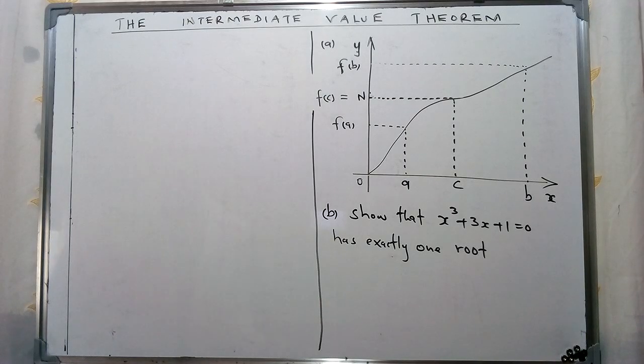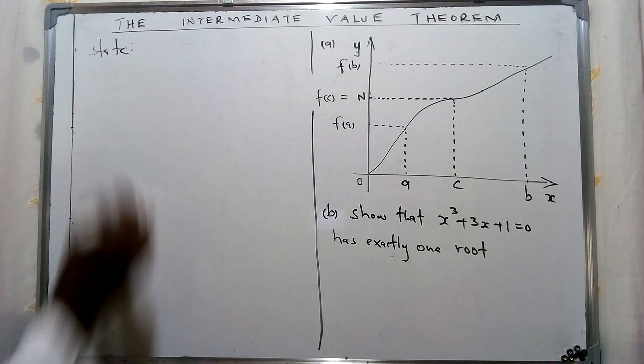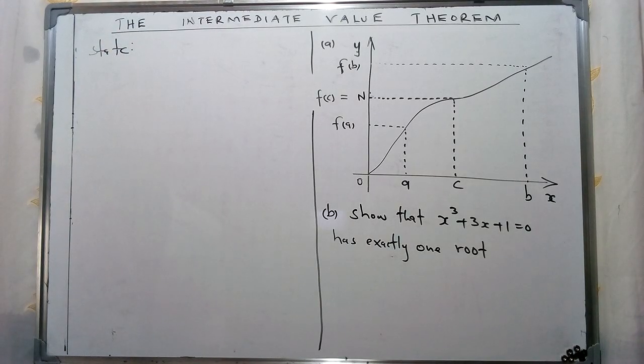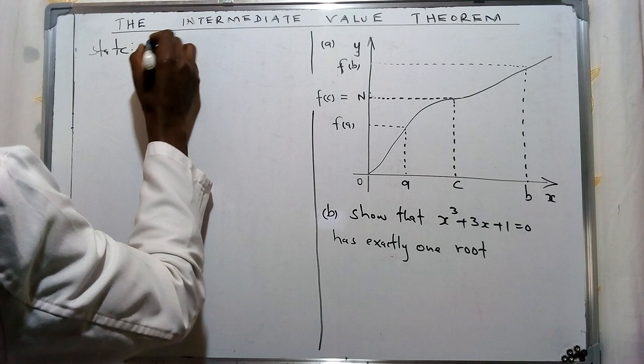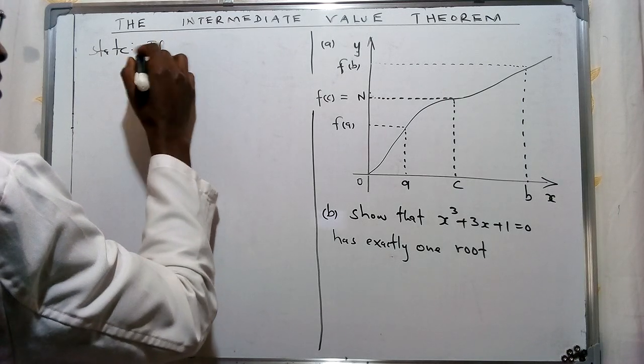Now, we're going to consider this theorem. The theorem states that for a function that is continuous on a closed interval, we have a statement form.